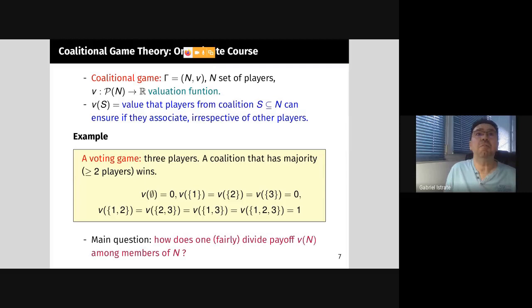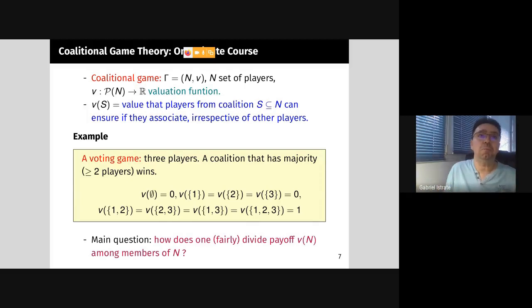So we have a function v from all the possible subsets of agents to real numbers, which is basically v of S, the value that players from coalition S can get if they associate, irrespective of what the other players do. Okay? So I collaborate with you, we can get this much, and nothing that the other players are doing can change that.